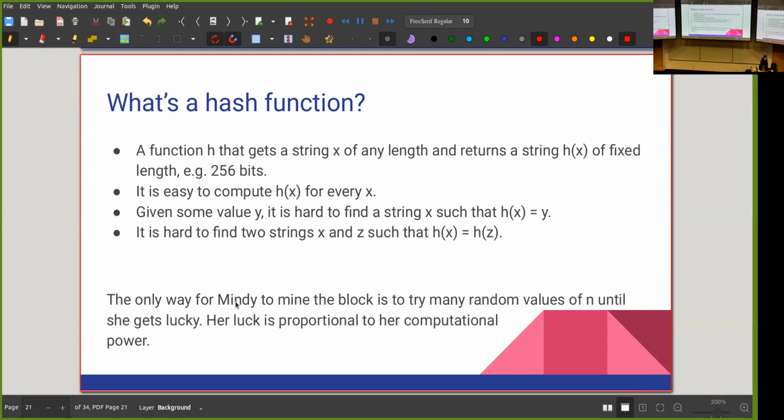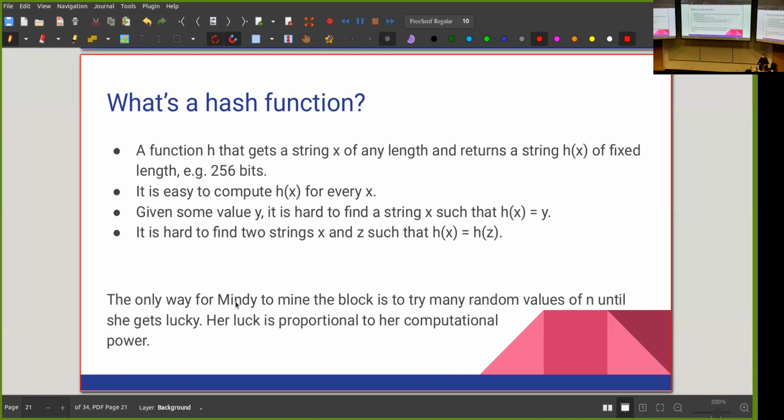But now here's the nice part. The luck of every miner, the probability of every miner being able to add the next block, is proportional to her computational power. It's proportional to how many hashes they can compute every second. If you have more computational power, if you have a supercomputer, you can maybe compute a lot of hashes.